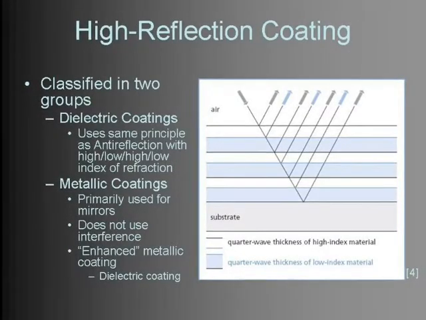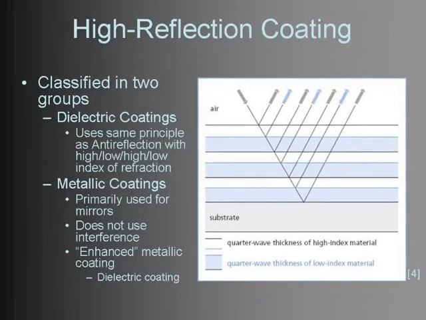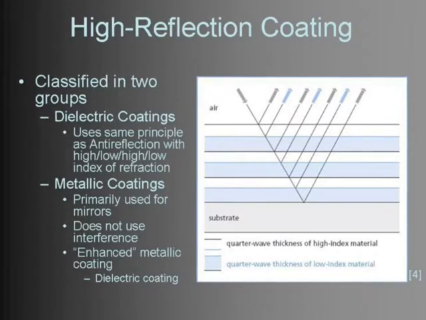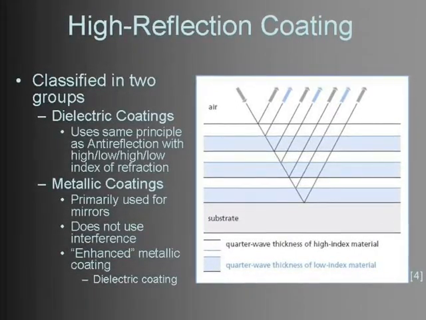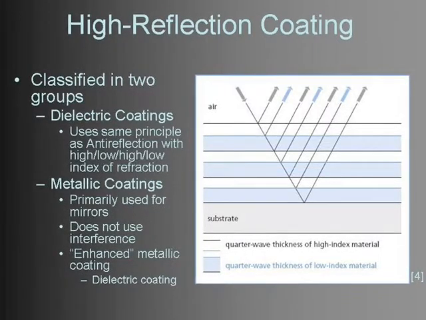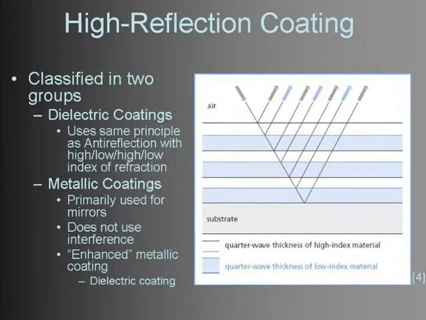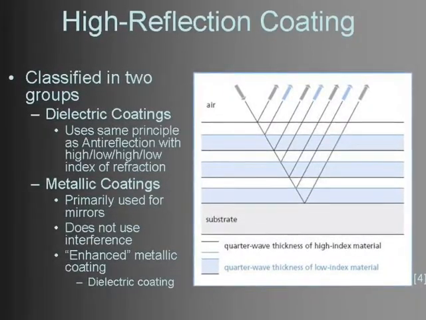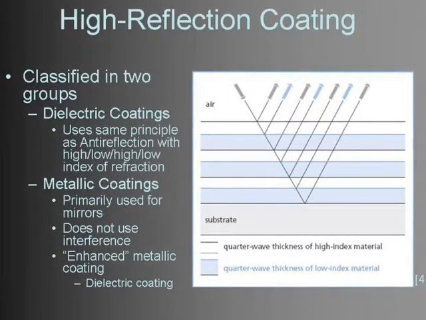Now to the total opposite of anti-reflection. We move on to high reflection coatings. High reflection coatings are classified in two groups. The first group is the dielectric coating. The principle for this group is really similar to the anti-reflection one, but instead of using a low-high index stacking, it uses a high-low index stacking. The second group is the metallic coatings.